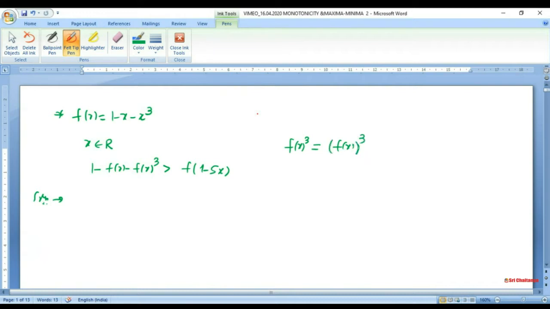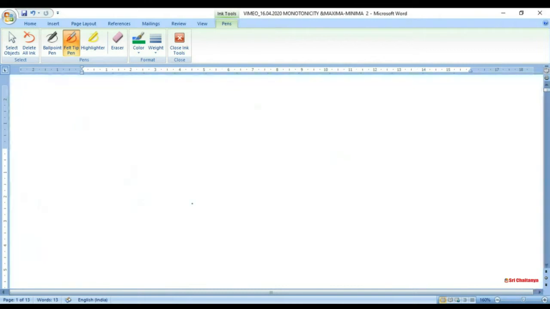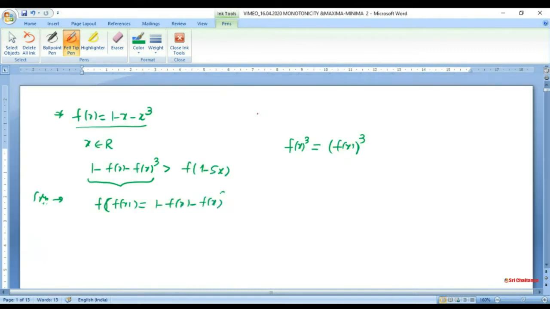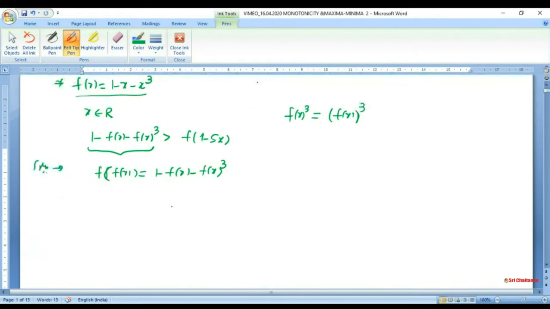Now, the moment you see the left side of this inequality, you wonder that this resembles very much f of x, no? It's like you are getting f of x in place of x. So it makes sense to rewrite it and identify f of x equals 1 minus x cube, so that the left side is 1 minus f(x) whole cube. So that is your f of f(x).